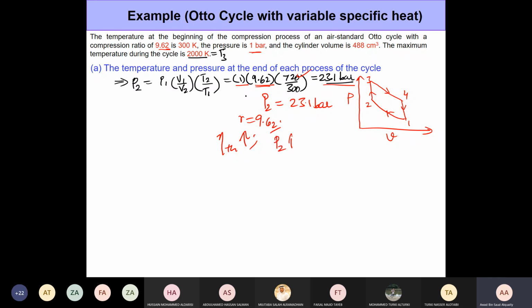Should I increase P2 or should I decrease P2? Everyone who says I should increase P2, please raise your hand. So the question is, should I increase P2 or should I decrease it? All those who say I want to increase P2, raise your hand.